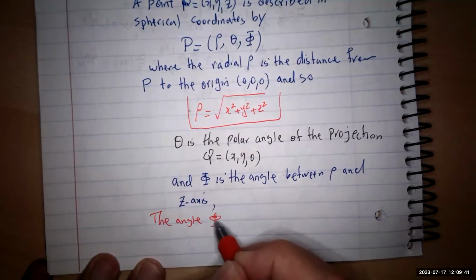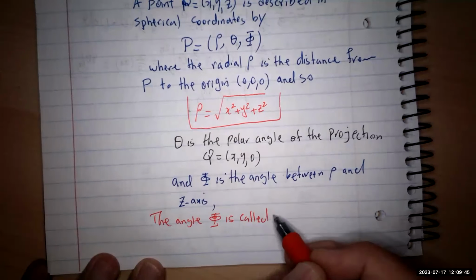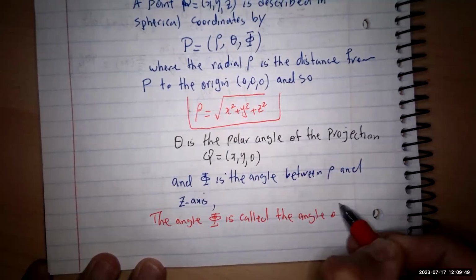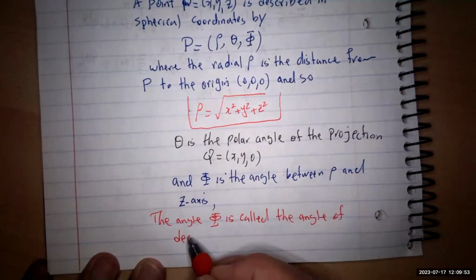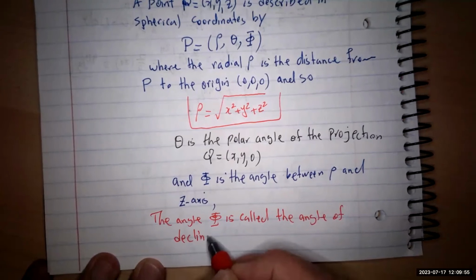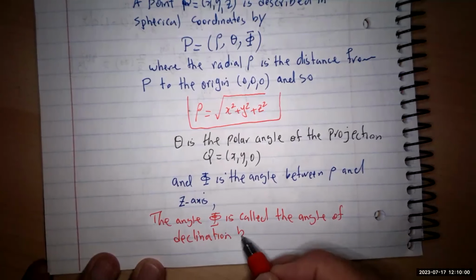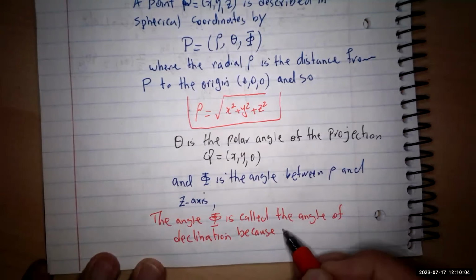phi is sometimes called the angle of declination, so you must know it, because it's a deviation, if you like, from the z-axis.